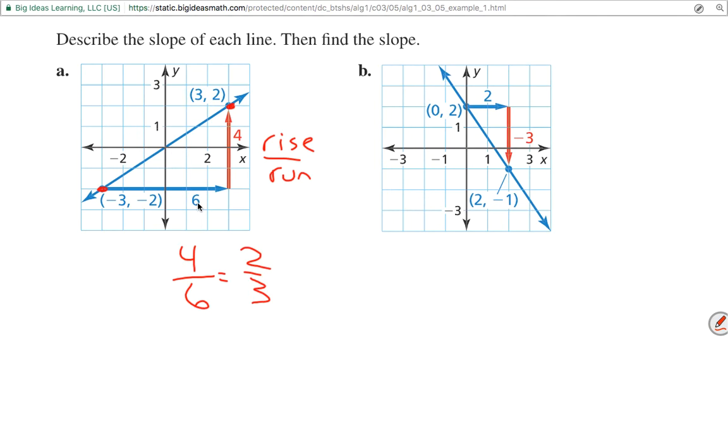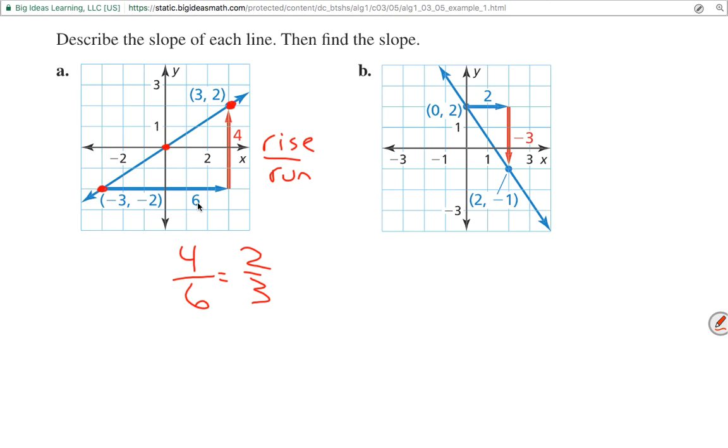Now, the cool fact about slope is the slope is the rise and run between any 2 points on the line. Now, they designated these 2 points on this problem, but you can pick any point on the line. Like, for instance, this point is definitely a good one because it intersects perfectly on the grid. This one's good because it's on the grid also, but look at point 0, 0.